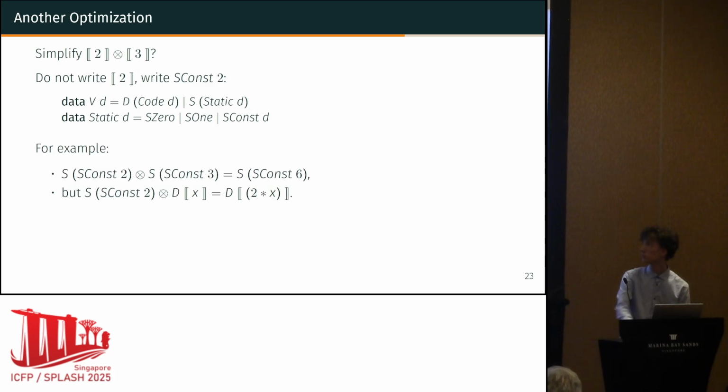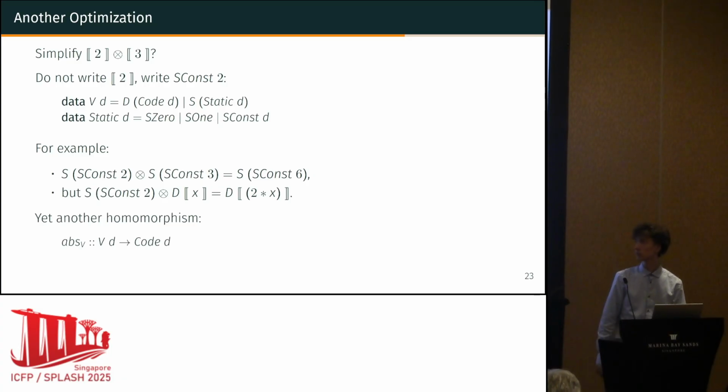And for example, I can equip this with the operations, which just say that if I multiply two statically known numbers, this is just statically another constant. But if I multiply a number with something dynamic, I get back something dynamic. And we can show that this is correct, you might have guessed it, by using another homomorphism.